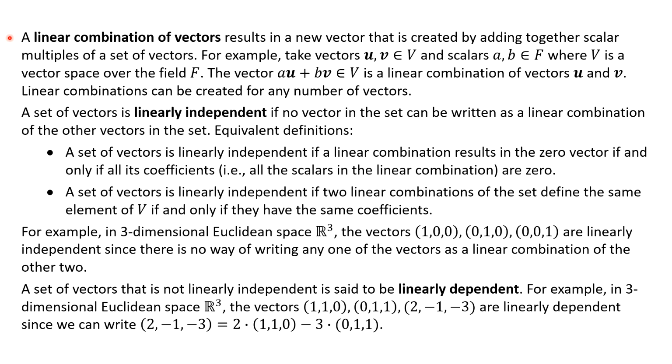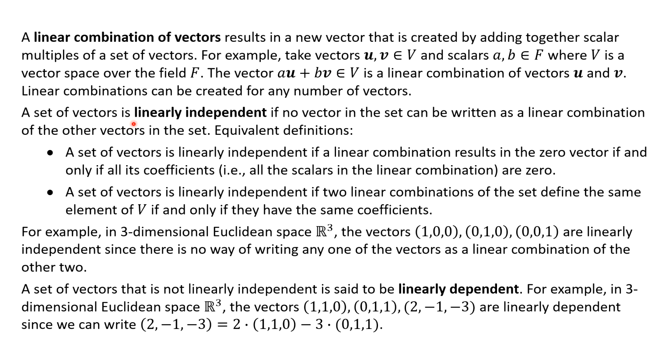For example, take u and v in our vector space V and scalars a and b from our field. Then the vector au plus bv is a linear combination of vectors u and v. And of course we could have done this for 3 or 4 or any number of vectors. I just took a simple case here. And of course this is still in V because of the axioms, the two closure axioms.